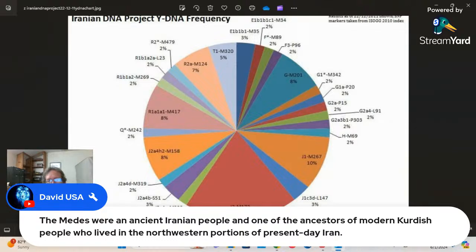And this is J2 M172, but the J2 all goes from here all the way over here, which is a good 1/3 of the population. Of course, some of this could be Arabic, some of it could be Israelite. That's why we need to identify the difference between Arabic and Judaic or Israelite.